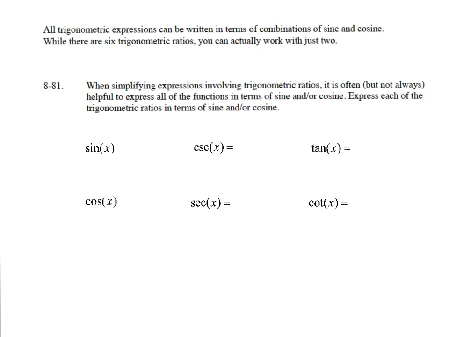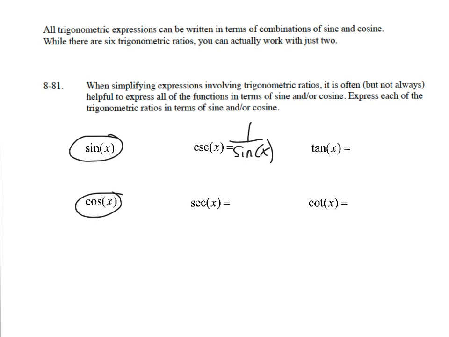Express each of the trigonometric ratios in terms of sine and/or cosine. Well, sine is already written for you, so that's done. Remember from our lesson yesterday, cosecant is the same as 1 over the sine of x. And cosine is already done for us.